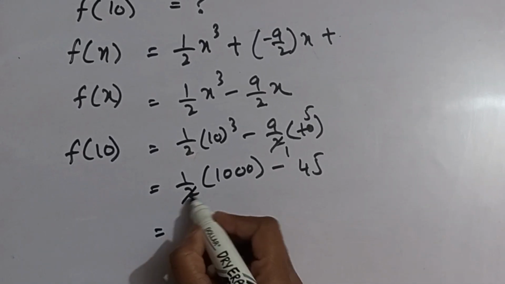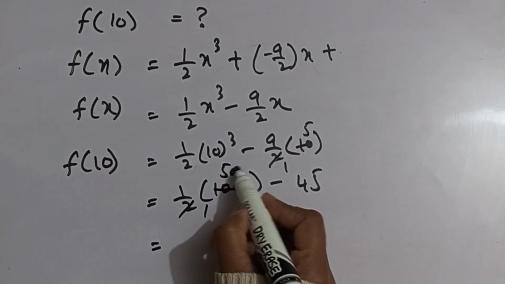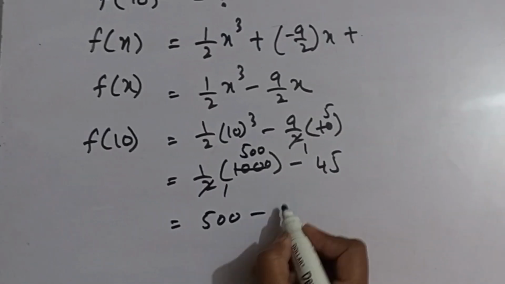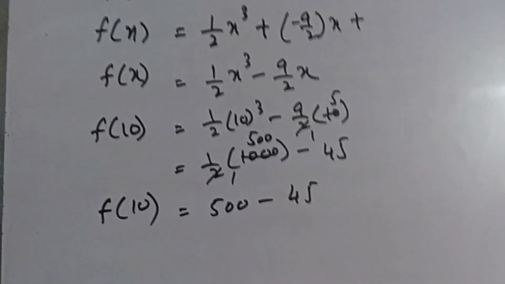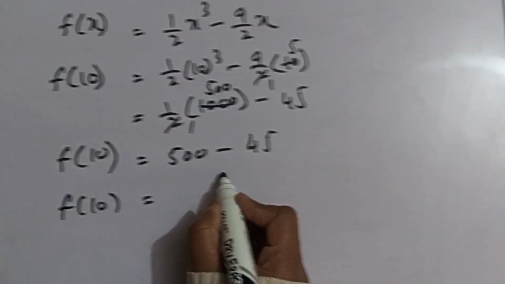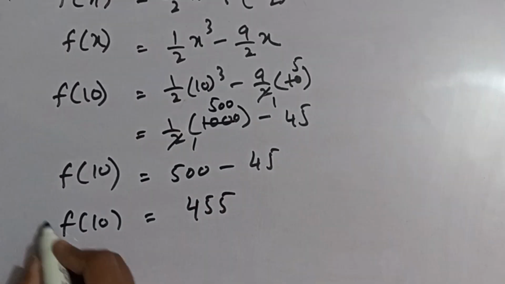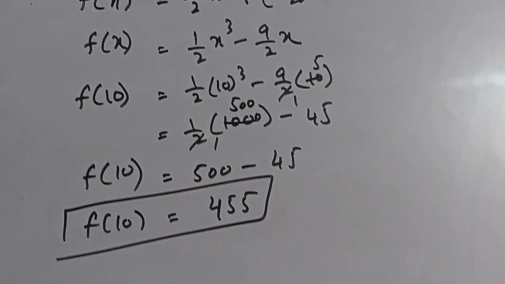So we have 500 minus 45. The left hand side is f of 10. So 500 minus 45 is equal to 455. So this is the value of f of 10 in our question, and we have done.